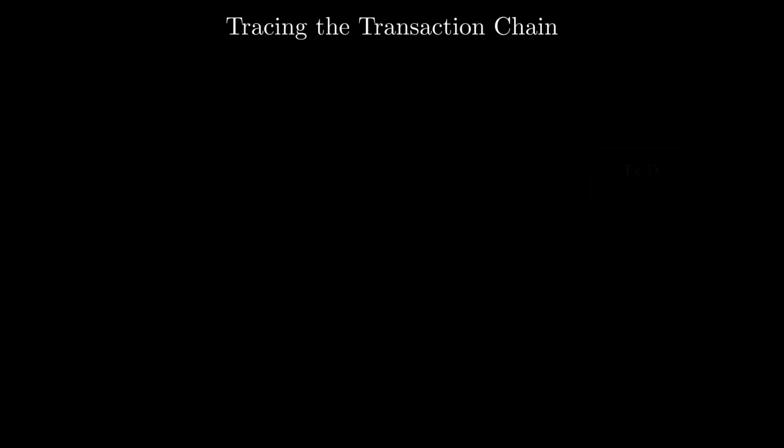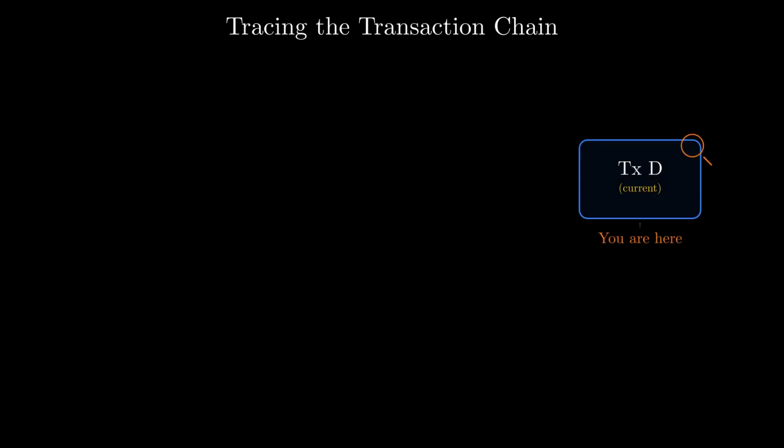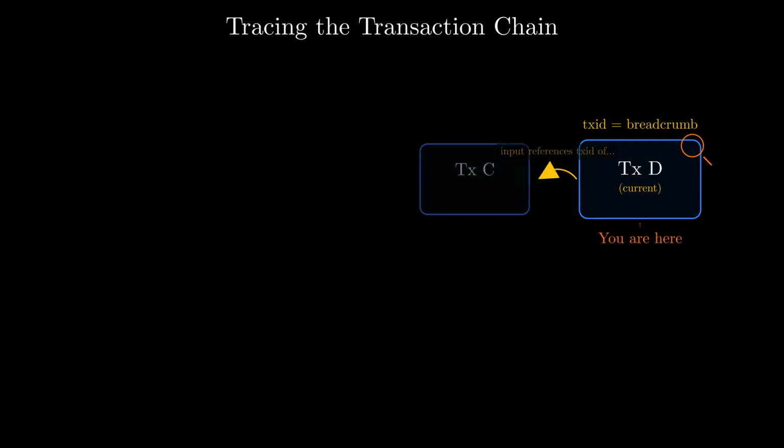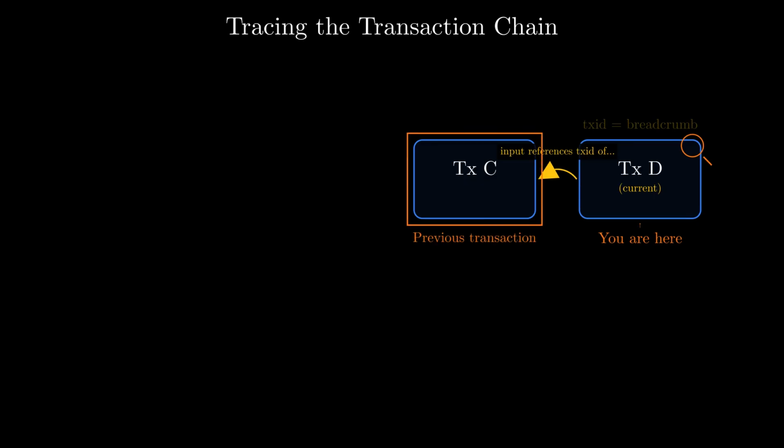Here's where it gets interesting. That TXID in the input is a breadcrumb. Let's follow it. Run getrawtransaction on that reference TXID, then decode it. You're now looking at the previous transaction, the one that created the output being spent. It has its own inputs, each pointing further back in time.